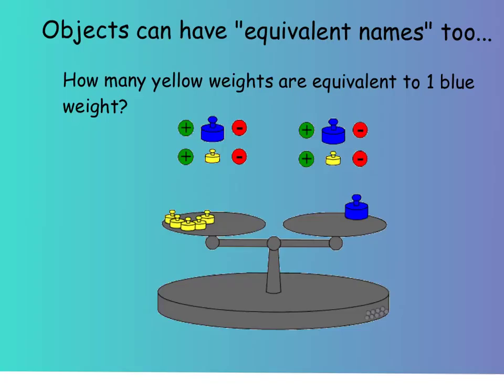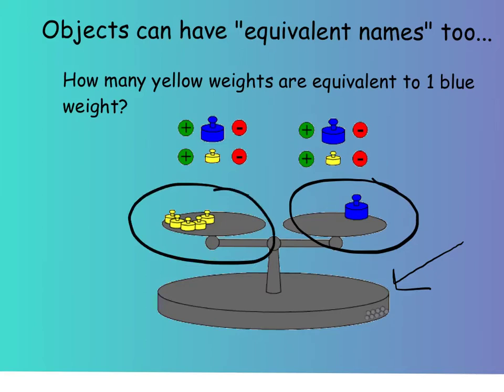Just like addition facts can have equivalent names for the same sum, and people can have equivalent names for the same person, objects can have equivalent names too. Look at this scale that's here. On both sides of the scale, if it's even like so, that means that what is on both sides is equivalent. So look at the scale and try to see if you can answer this question.